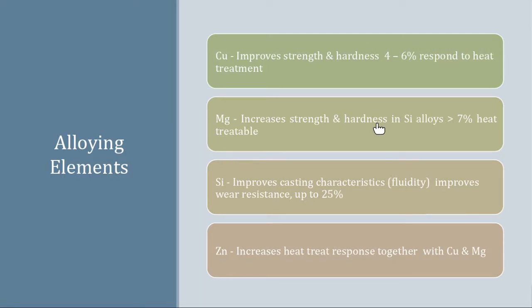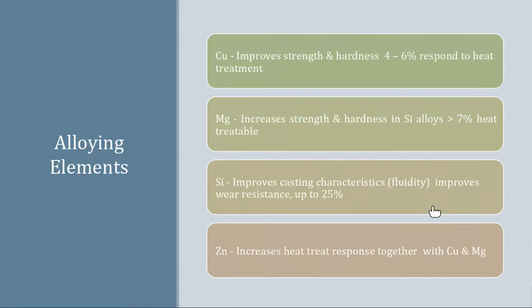Magnesium increases strength and hardness as well in silicon alloys, so it's added to silicon, and typically about 7 weight percent in order for it to be considered a heat treatable alloy. Silicon improves casting characteristics, as mentioned, fluidity, improves your wear resistance, and it can be added up to about 25 weight percent.